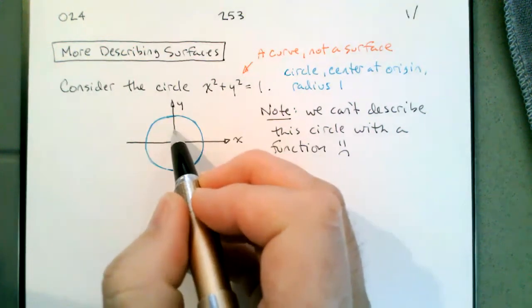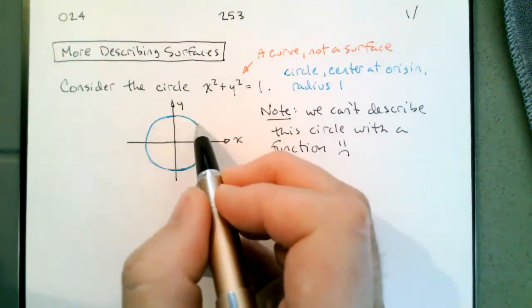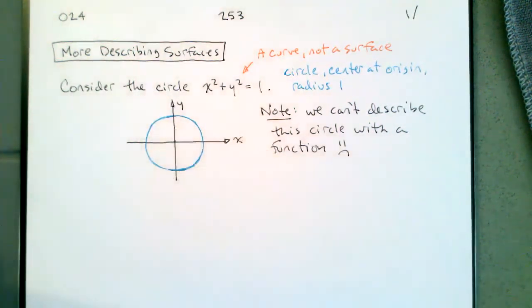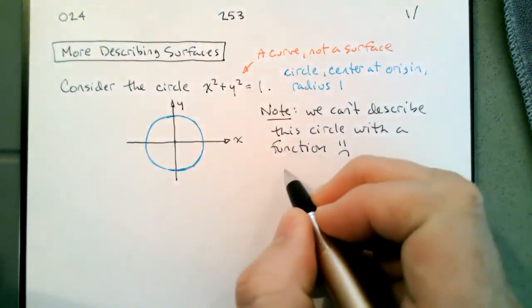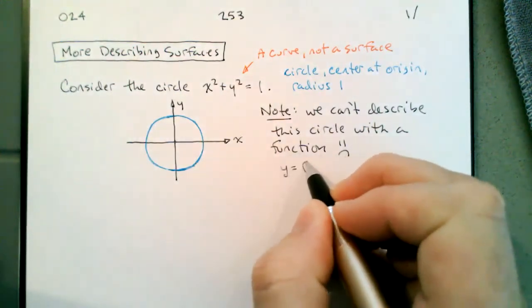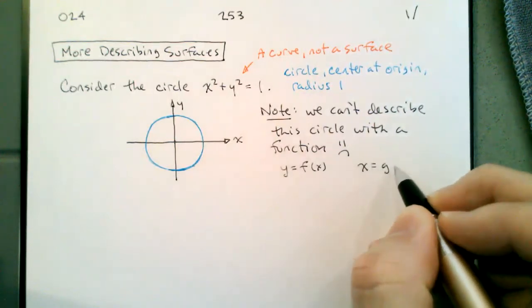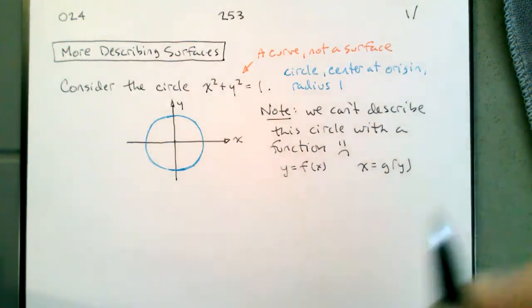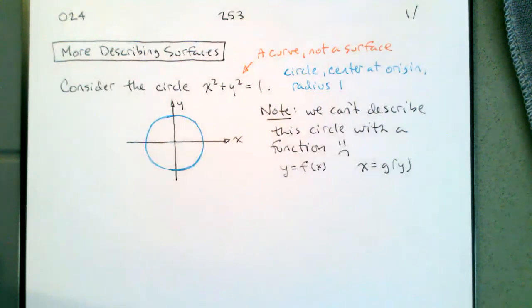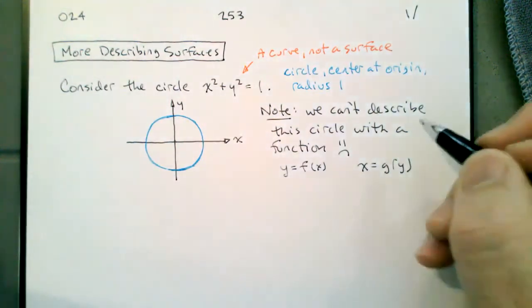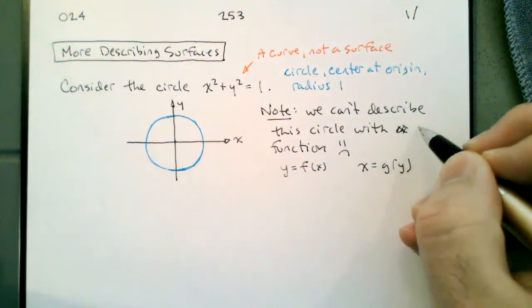When I plug in this y, there are two x's that correspond to that y. So we can't solve this for one of the variables. I can't write it as y is some function of x, or x as some function of y. Not with one function.